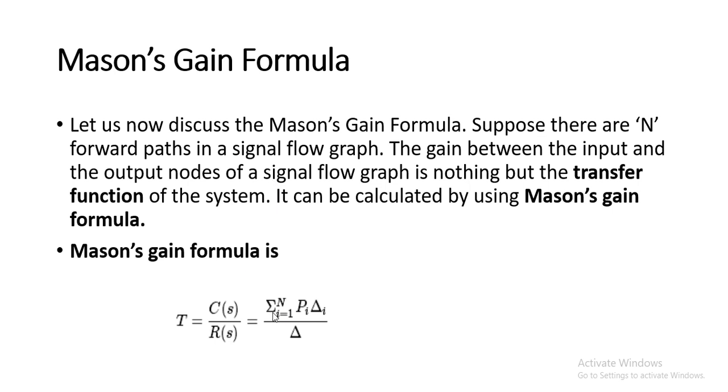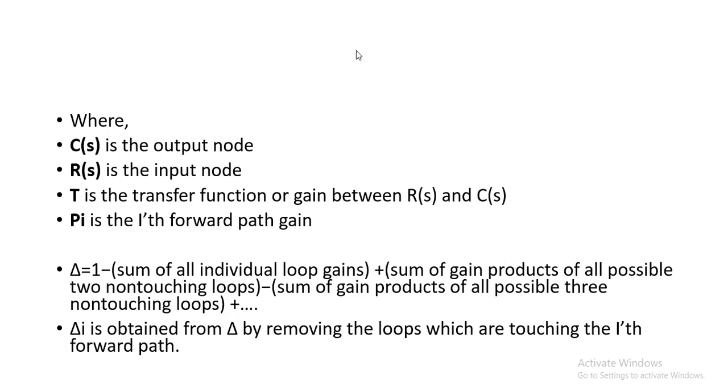So summation of i equal to 1 to n of P_i into delta_i. This delta_i is for this P_i. If it is P1, delta 1 will be different; suppose P2 is there, then delta 2 will be different. Suppose there is P3, then delta 3 will be different for the particular path. So P is nothing but path, and this is delta_i divided by delta. One by one we have to see the meaning of this.